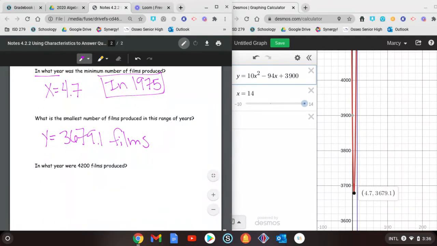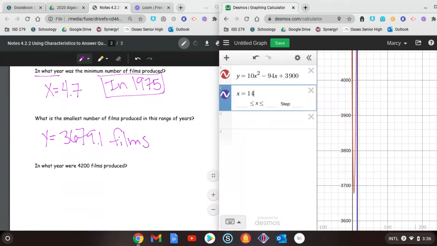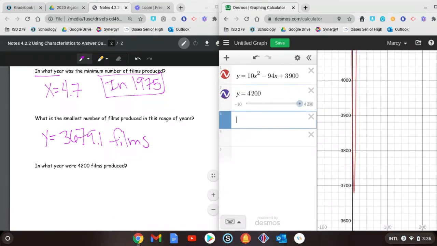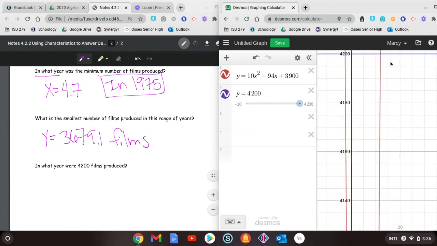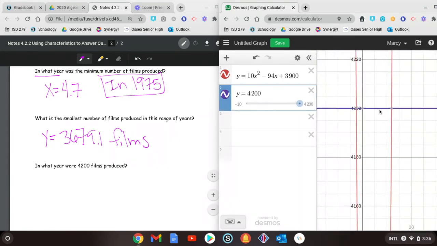And then it said in what year were 4,200 films produced. This is your Y value, so Y equals 4,200. I need to go up to 4,200. Let's zoom in just a little bit so I can see better. We have a negative number and a positive number. The negative number doesn't make sense for years.